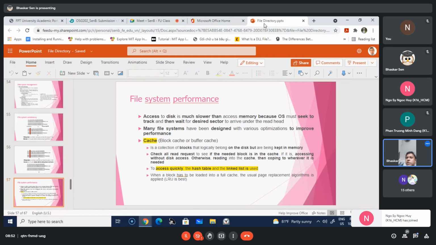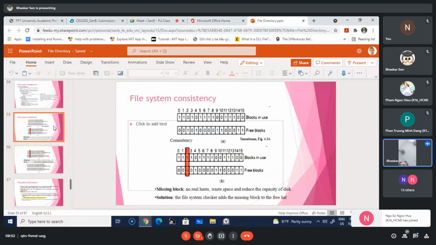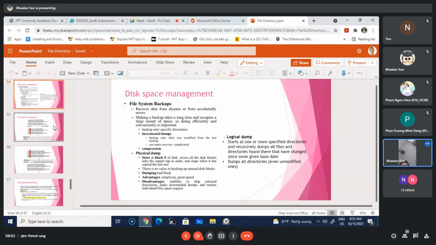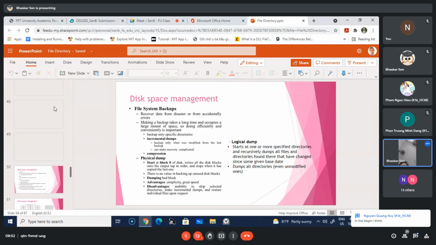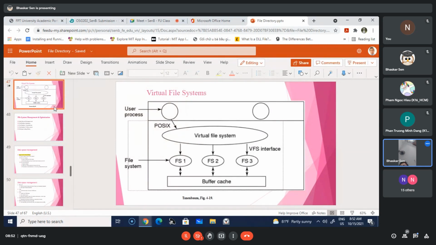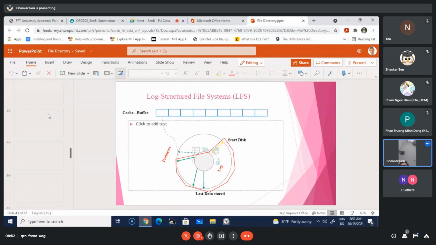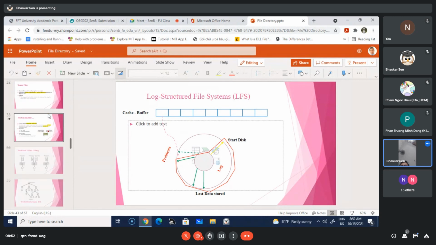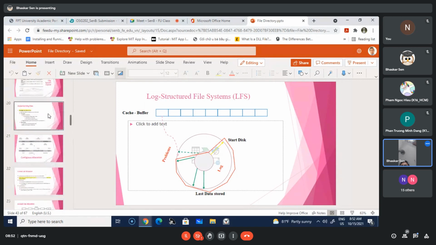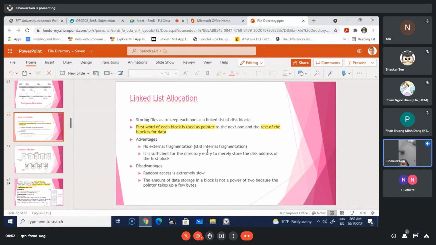We were somewhere in file directory, but can you point me to the right place where we were? Were we somewhere around here?